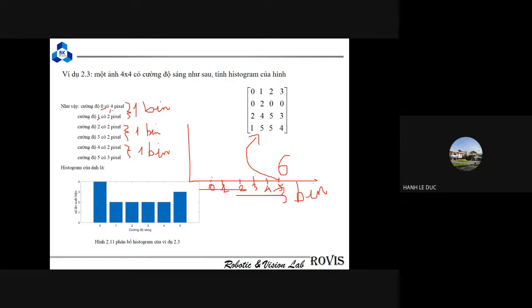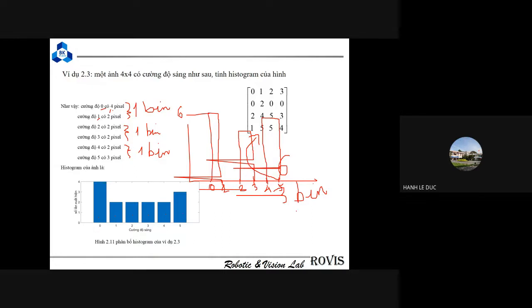So 0 and 1 become 6, right? 2 and 3 how many? 2 and 2 is 4. 4 and 5 how many? 5. So the new histogram looks like this.